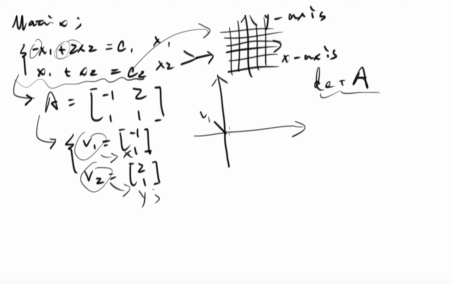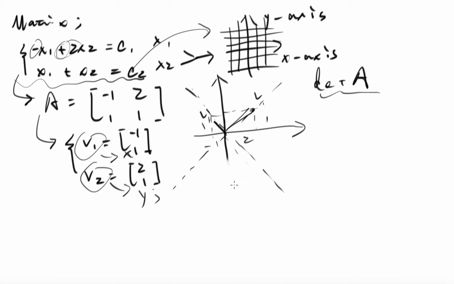It's going to be like this: this is 2, this is 1, this is 1, this is negative 1. Then you connect the dots, extend these two vectors, and it's going to be like this.